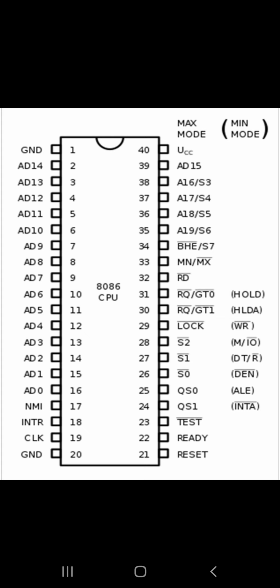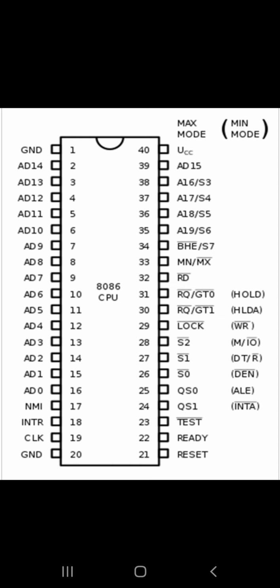And if any device connected on the INTR pin, which is a maskable interrupt, requests using the 18th number pin, then the 8086 can ignore it or it can process it, because it falls under the maskable interrupt category, right? So these are the two pins.